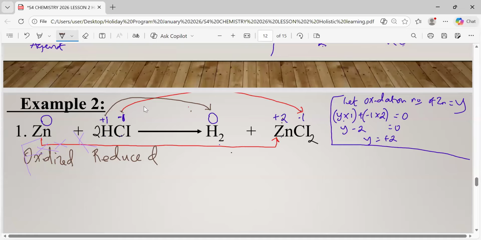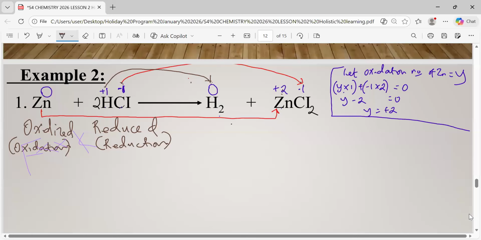It is moving from +1 to 0, which means there is reduction. Therefore, we say it has been reduced. The one which has been oxidized has undergone oxidation, and the one which has been reduced has undergone reduction.